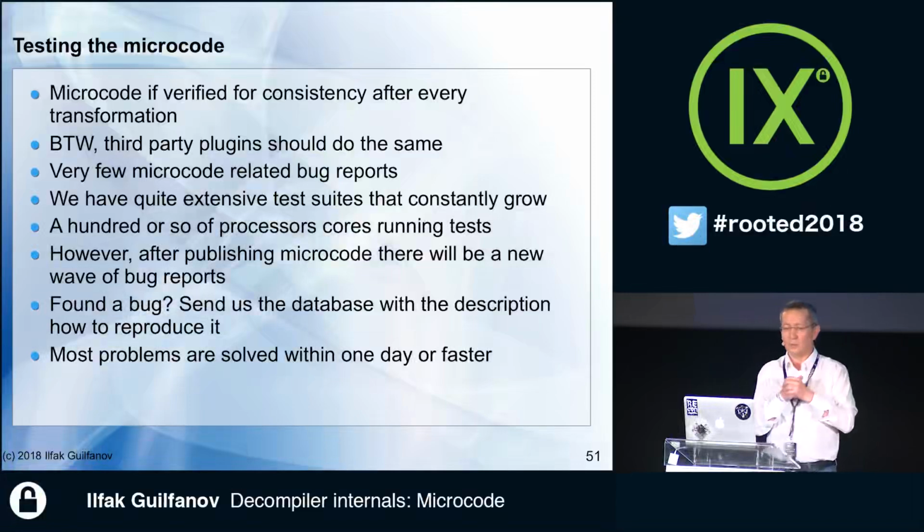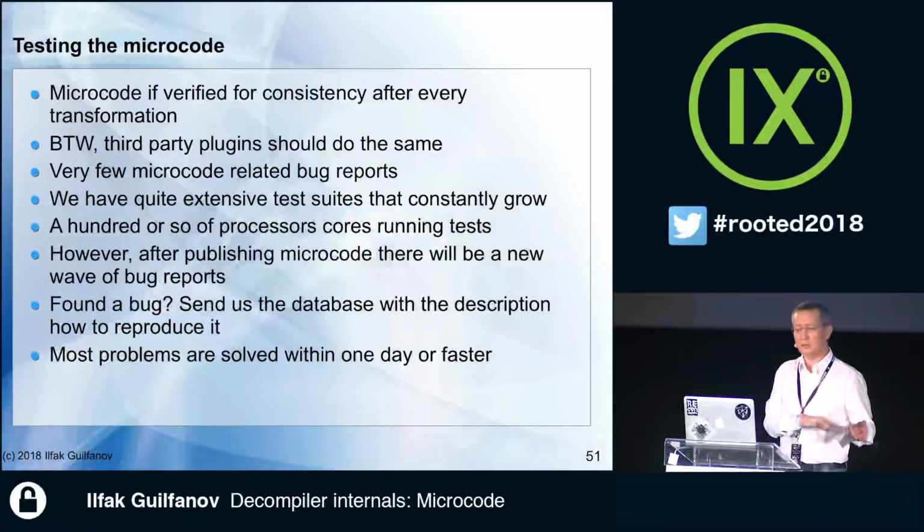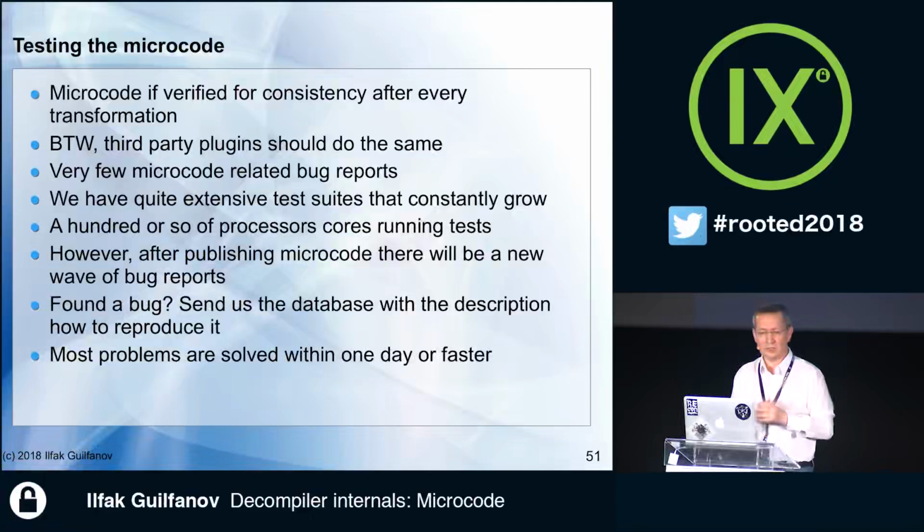Therefore, we verify the microcode consistency after every transformation. And if you write a plugin for the decompiler, you should do the same. Because of that, we have very few microcode-related bug reports. But if you stumble on any bug, you can send us a bug report.